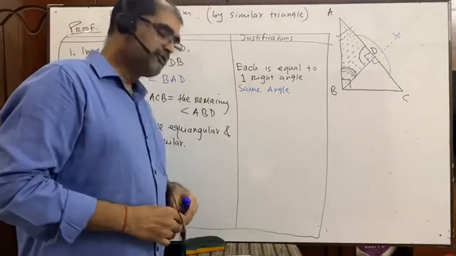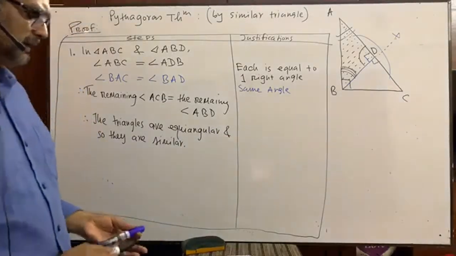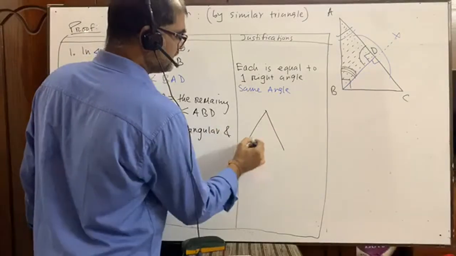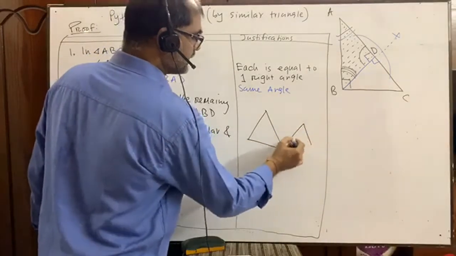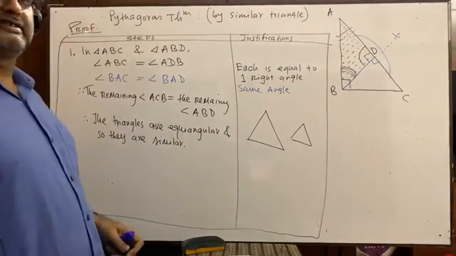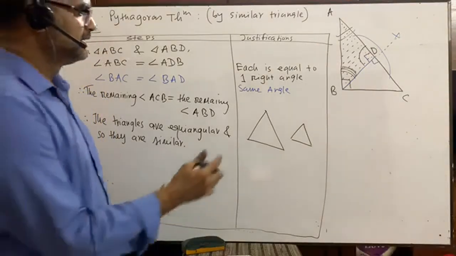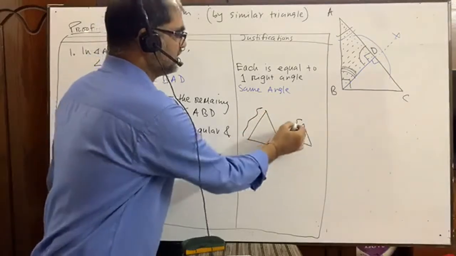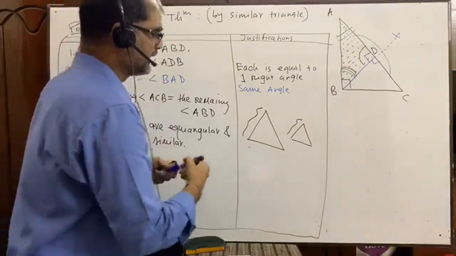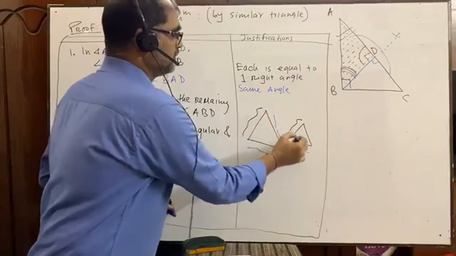Now what comes next? What is meant by similar? Suppose this triangle and this triangle are similar. That means they are equiangular, then they are similar. If they are similar, then their corresponding sides are proportional. Suppose this by this is equal to this by this.